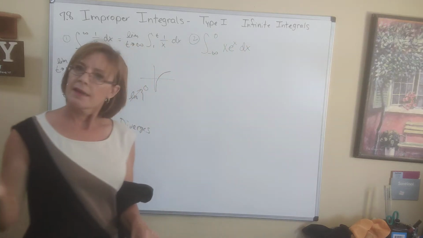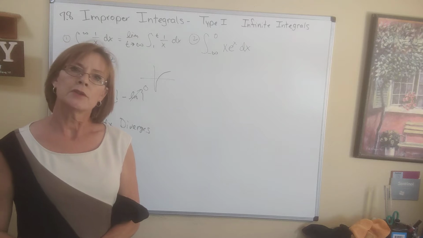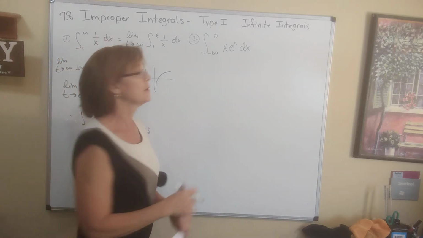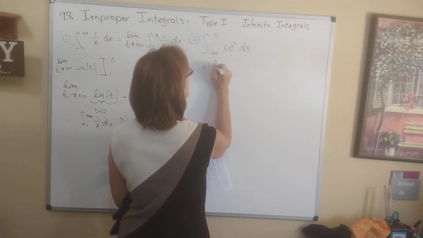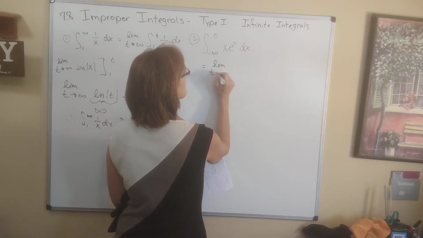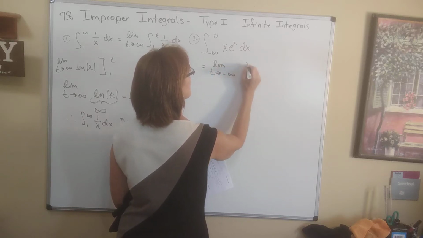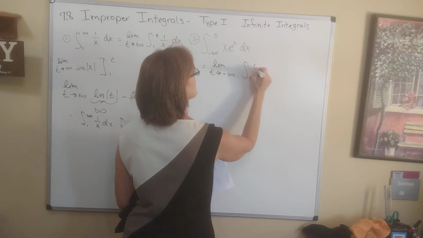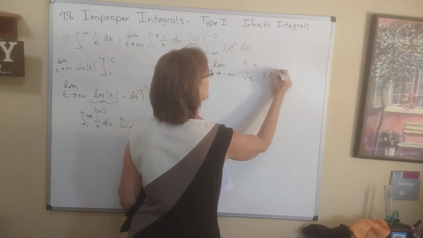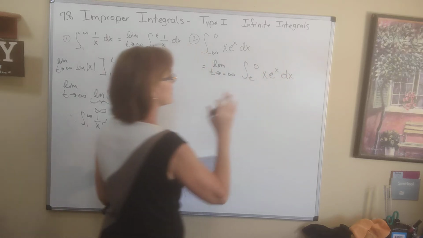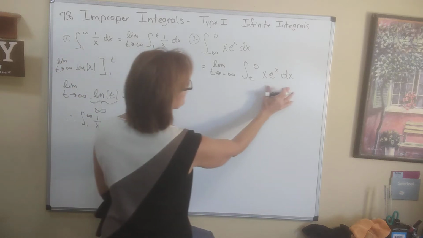First thing we'll do is say, hey, this is an improper integral. What should I do? I should rewrite it as a limit. So this is equal to the limit as t approaches negative infinity of the integral from t to 0 of x e to the x dx.